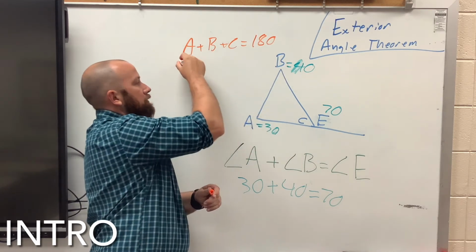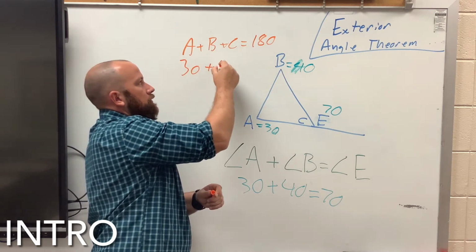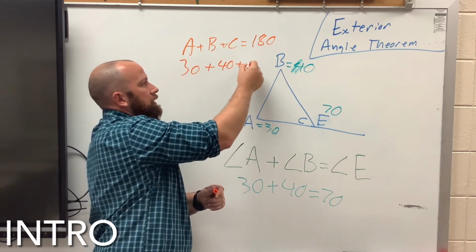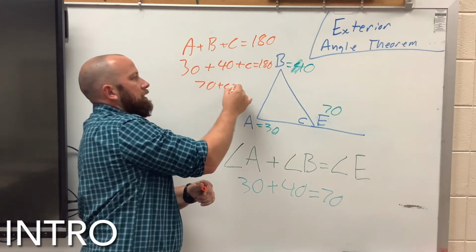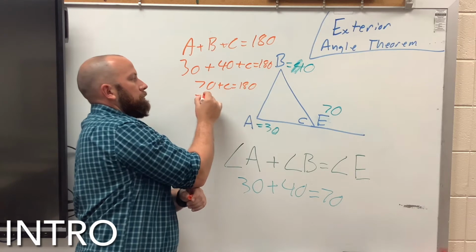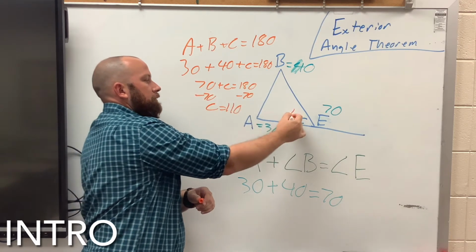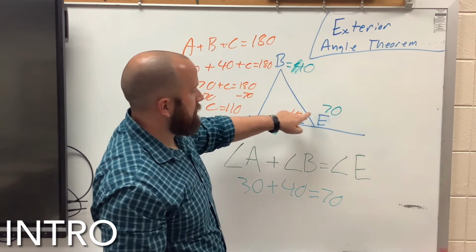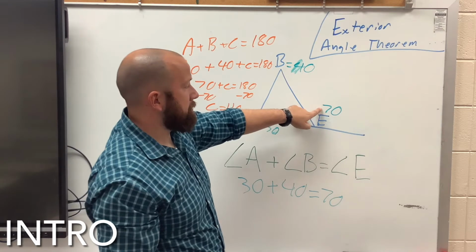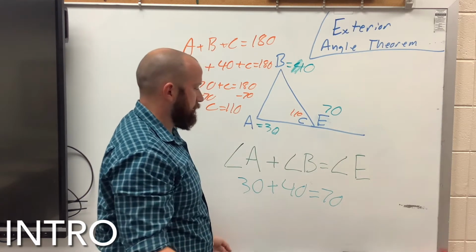So I have 30 plus 40 plus C equals 180. That gives us 70 plus C equals 180, minus 70, C equals 110. So if this is 110, and this is supplementary angles, that has to be 70. All right, so it works out.